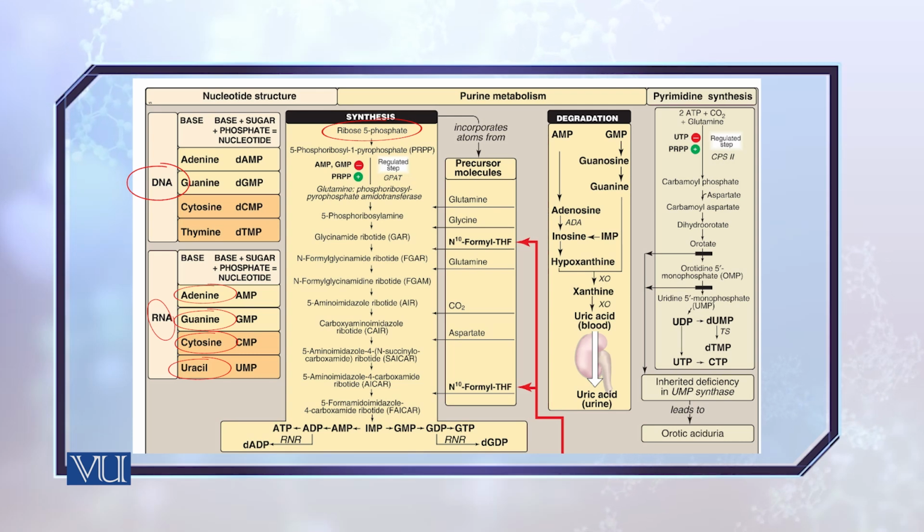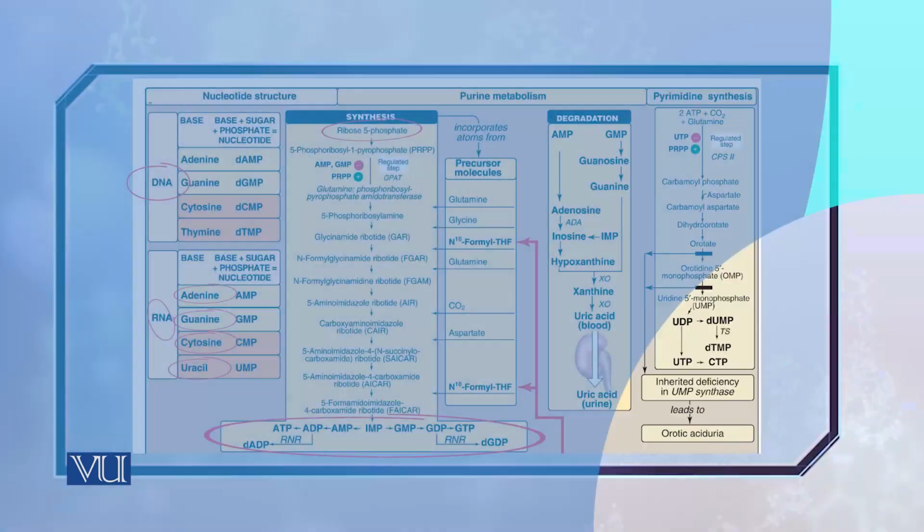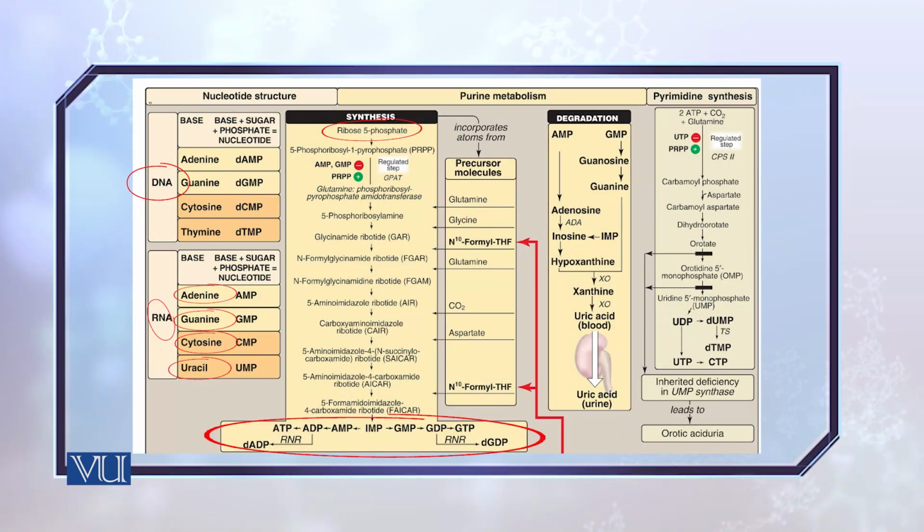Of course, these moieties become part of the RNA. But we also need DNA, which is our major information molecule. So these nucleotides, under the effect of different enzymes, specifically the reductase enzymes, lead to the formation of deoxyribose sugars, and these nucleotides are then utilized in the formation of DNA.